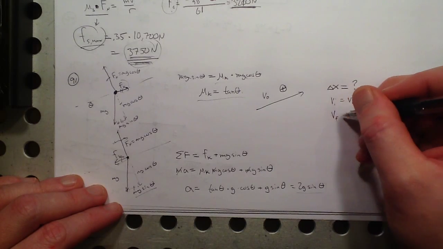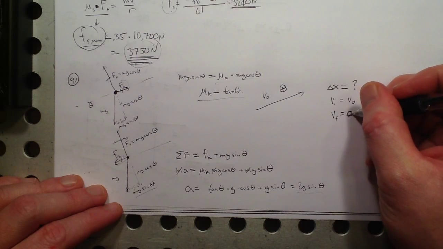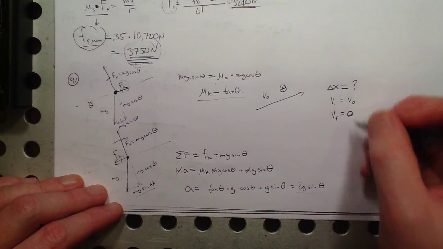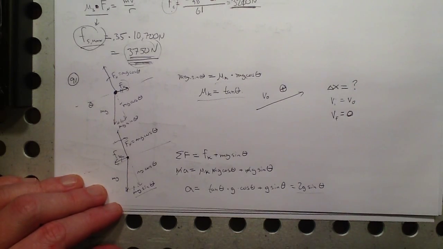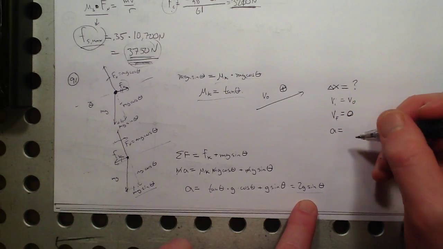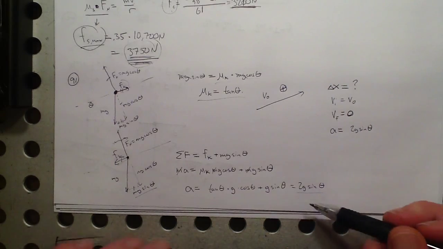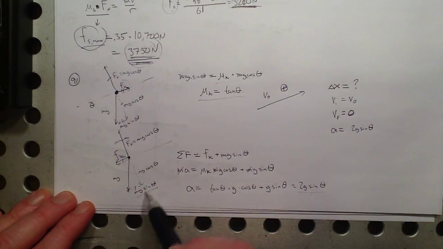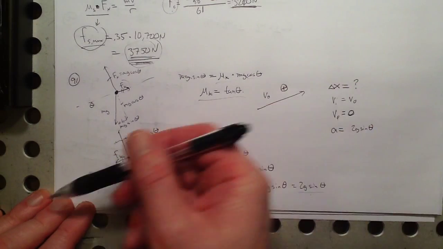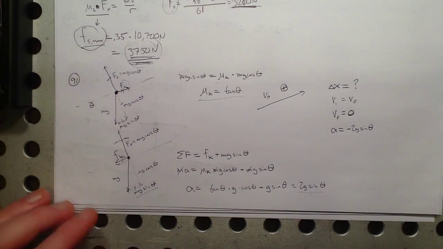If I want to know how far up the ramp it goes, that means going until it has a final velocity of 0. That's where it would stop momentarily, or maybe for good. We'll deal with that in a minute. And the acceleration, I know, is 2g sine theta. But the acceleration is down the ramp, in that direction. So that's a negative acceleration.